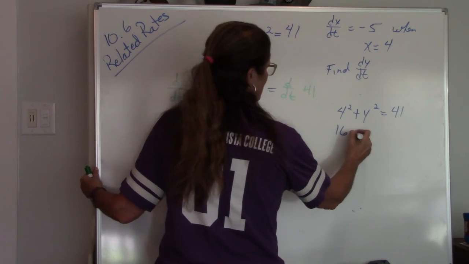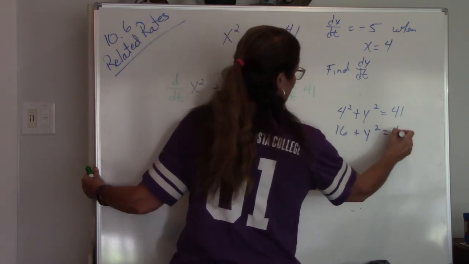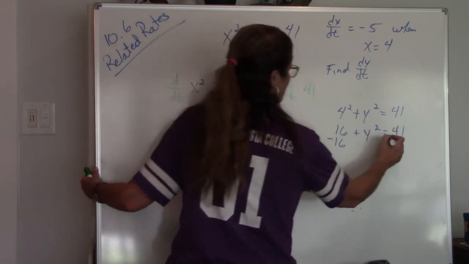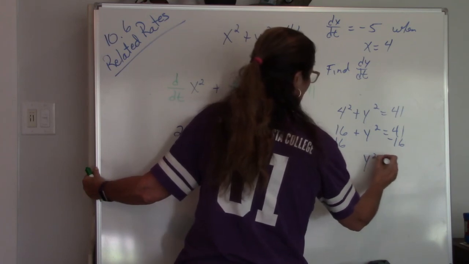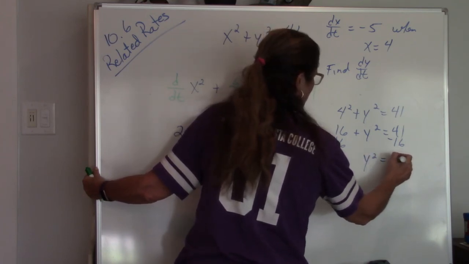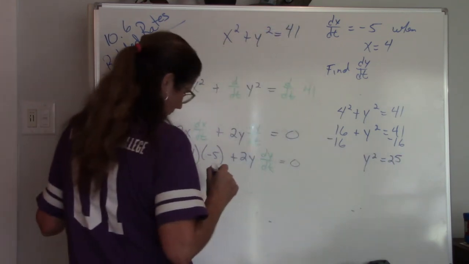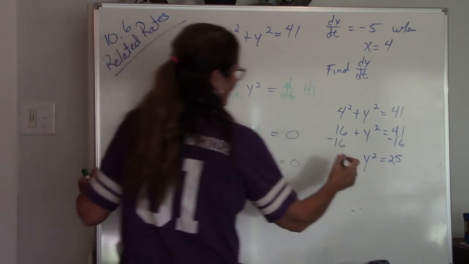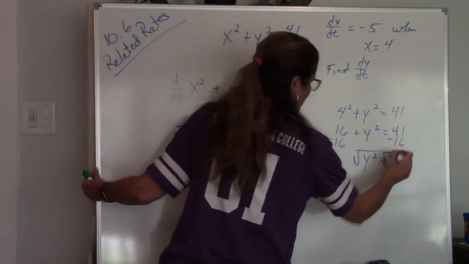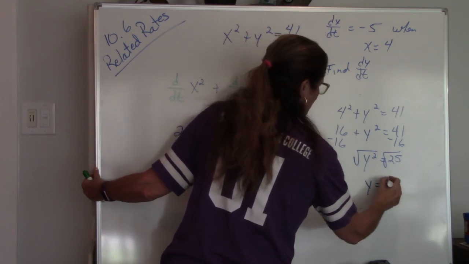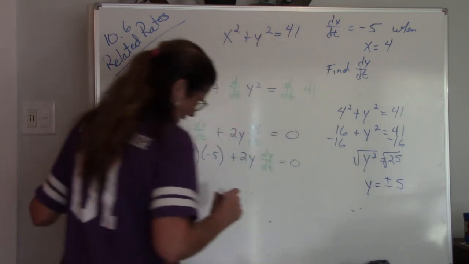So we have 16 plus y squared equals 41. We're going to subtract 16 from both sides, so I have y squared equals 25. And then I'm going to square root, so y equals plus or minus 5.